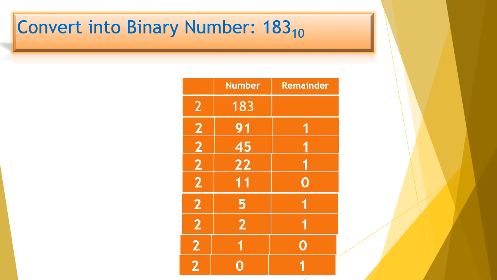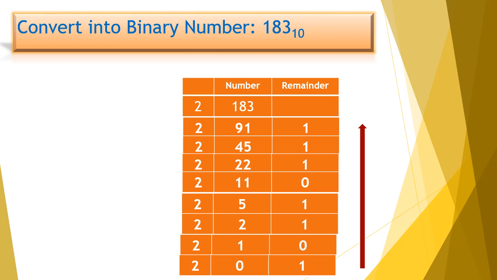So we repeatedly divide the given number 183 by 2 till we get the quotient 0. When we get the quotient 0, we write the remainders from bottom to top order.